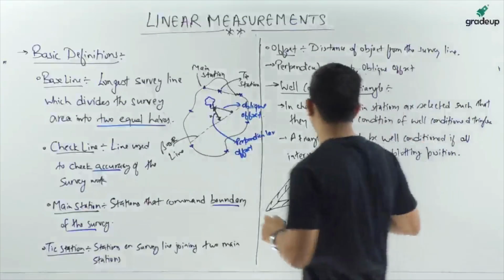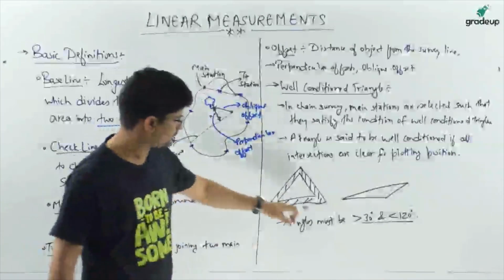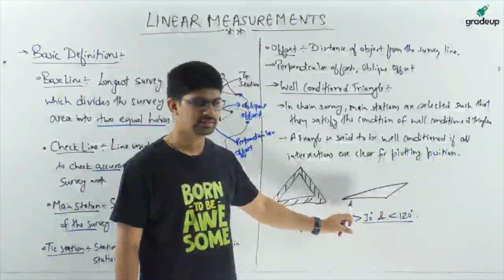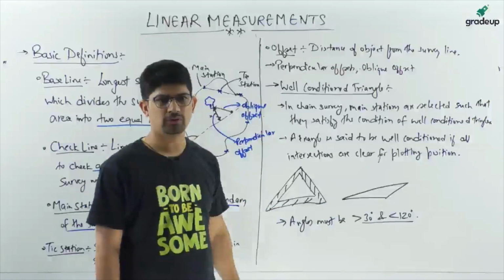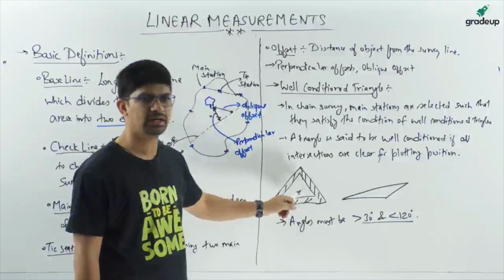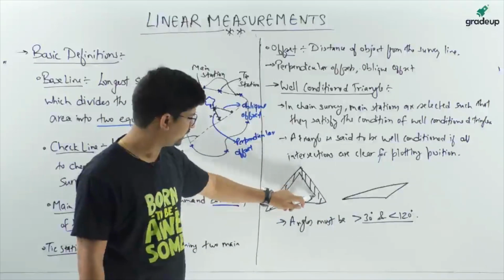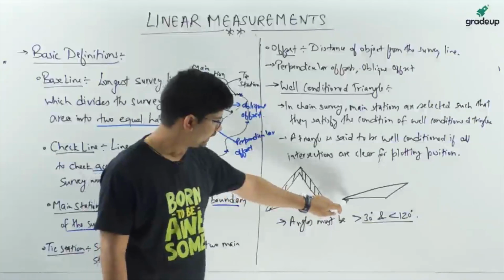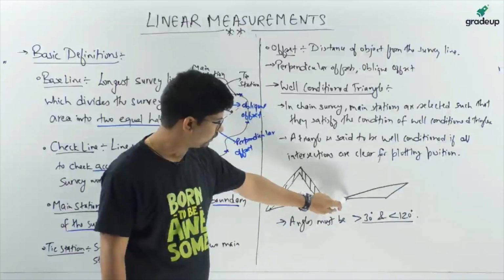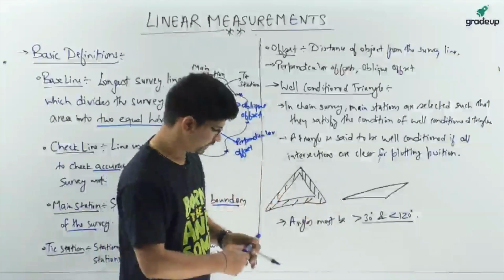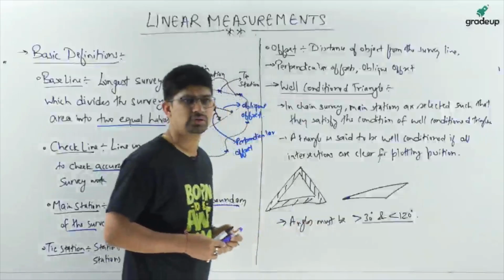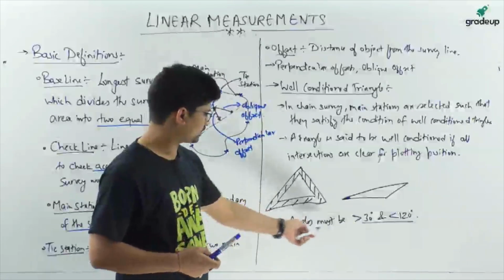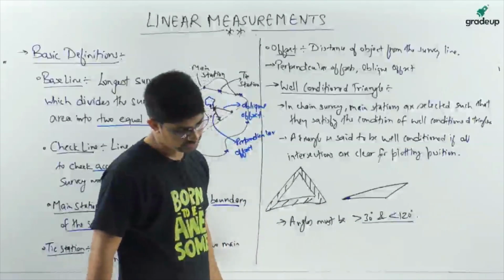This is the condition for a well conditioned triangle, because if the angle becomes very small, it will not be clear for plotting the position. In this triangle it is clear, you can plot here, here, here, but at this station, particularly this area, it will be very difficult.